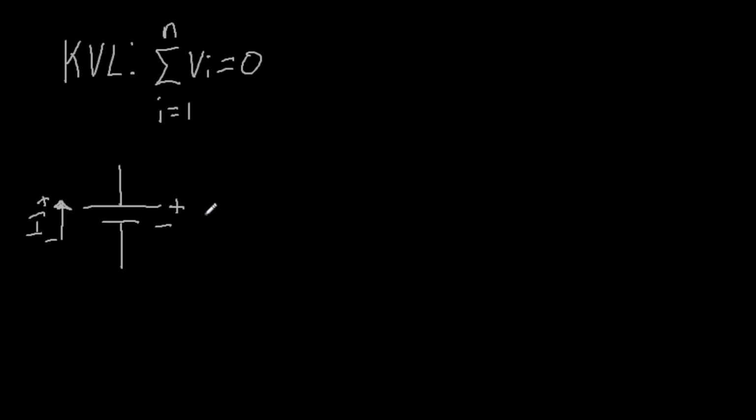So we can say that this provides a voltage, and if the current flows in opposition to this, let's say the current flows that way, we can say this subtracts a voltage. This opposes the principles for a voltage source.